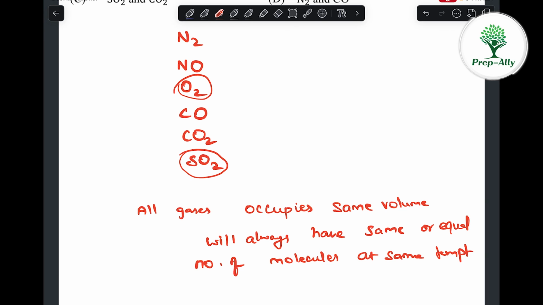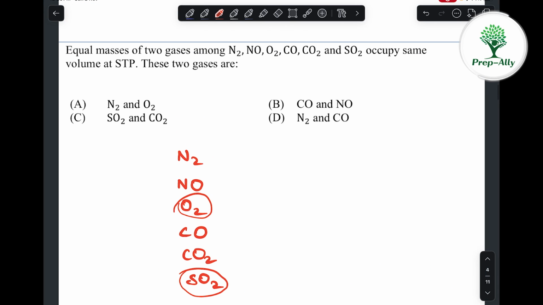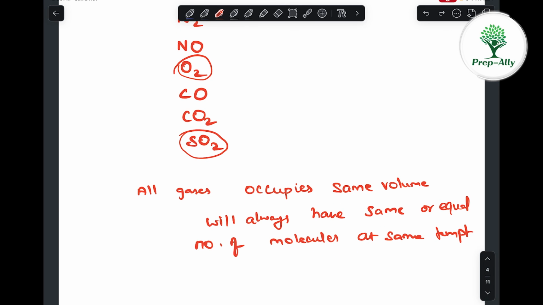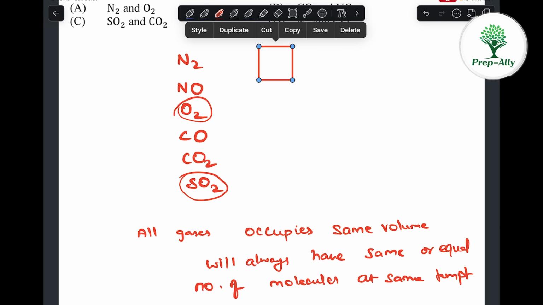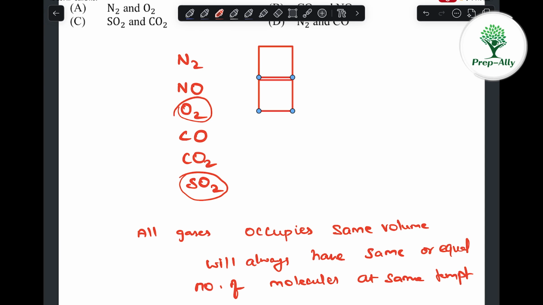So now what they are asking is equal masses. We have to find equal masses. What we know? Equal number of molecules we know. We just have to find the masses. That's all. So let's say I have an equal volume of N2 gas and it weighs, on a balance.